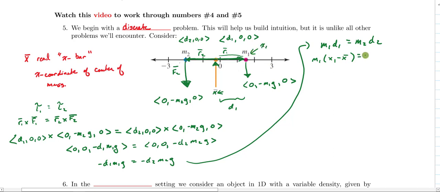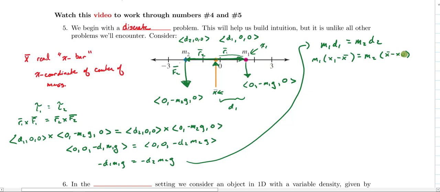And on the right-hand side, we've got m2, and now we're going to talk about the distance between mass 2 and the center of mass. If I call the coordinate for mass 2 x2, then this distance right here, to ensure that it has the appropriate sign, would be x bar minus x2.